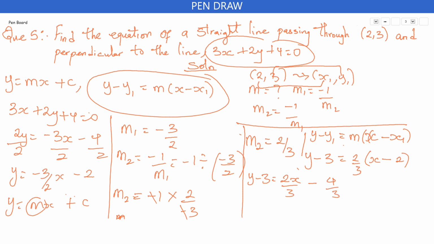Do you understand? So I can multiply all through by 3. If I multiply all through by 3, I'm having 3 open brackets y minus 3 equals 2 over 3 multiplied by x, then minus 4 over 3 multiplied by 3. So 3 can cancel out this, 3 can cancel out this. So I'm going to have 3y, sorry, let me rub off some parts. Good.